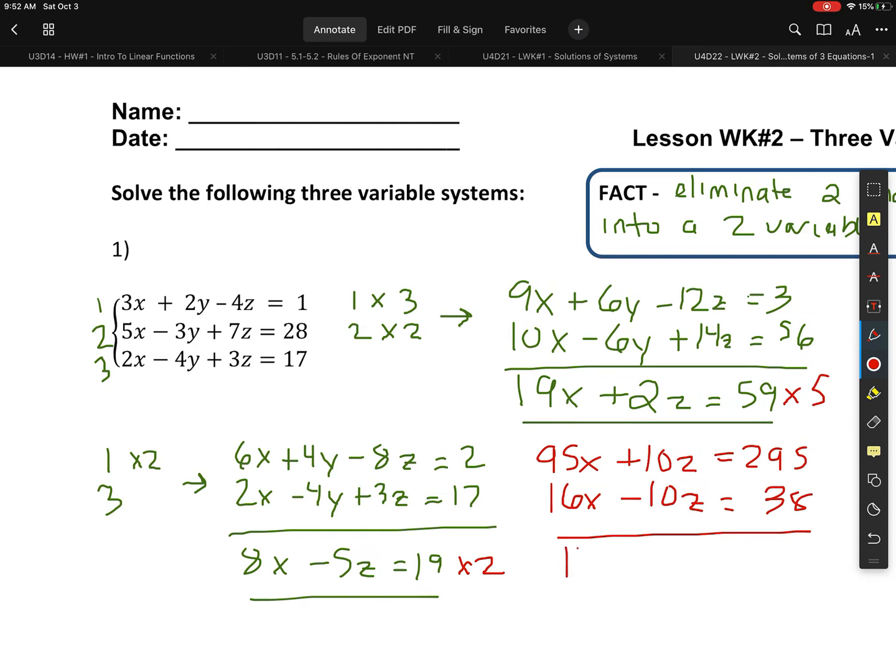Alright, so I work my way down. 111x equals 333, x equals 3.